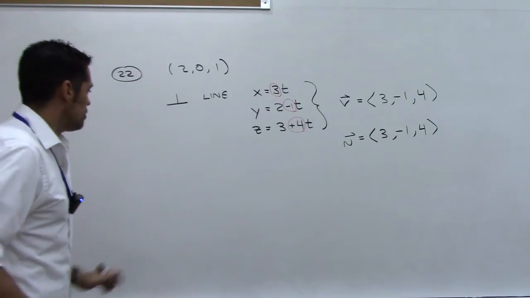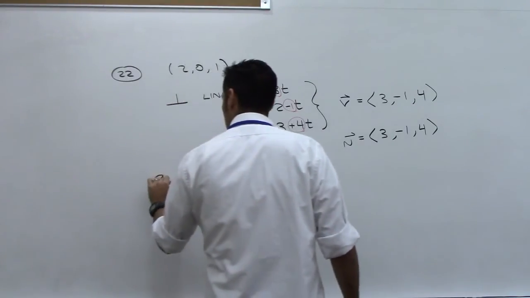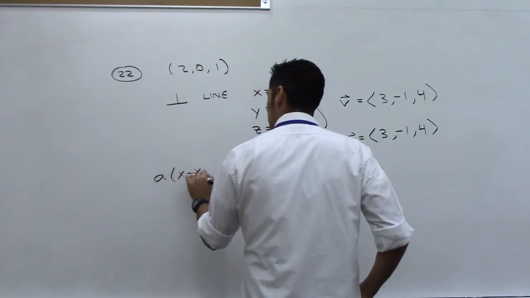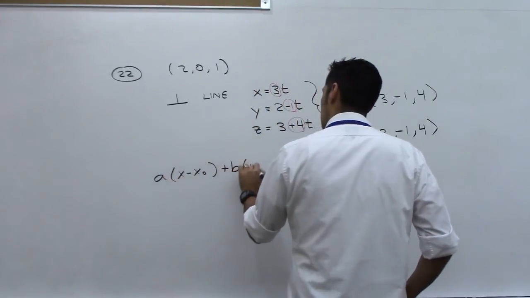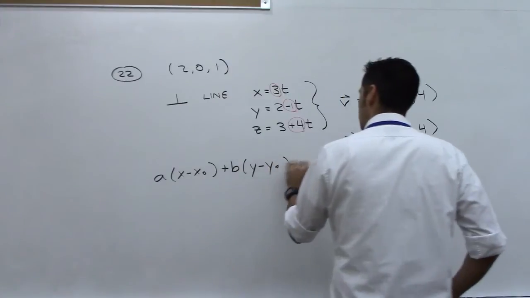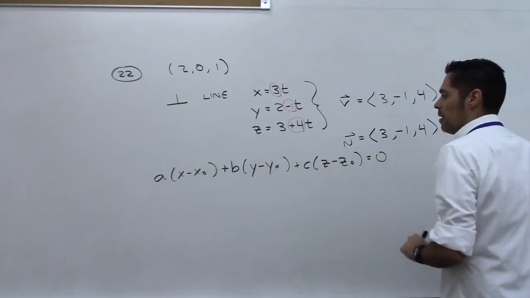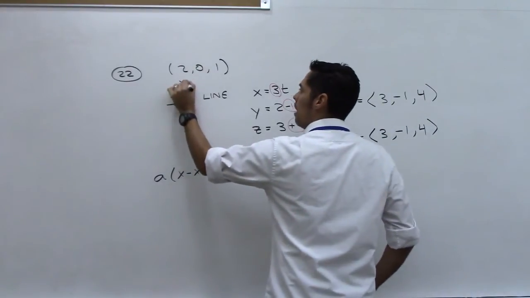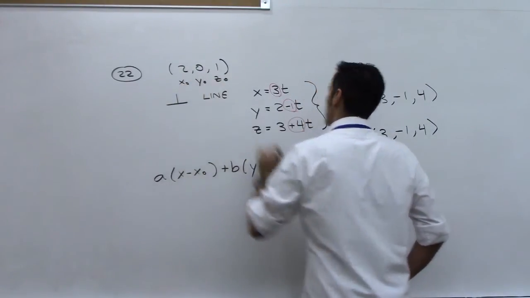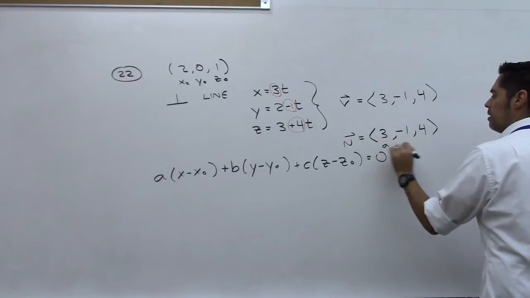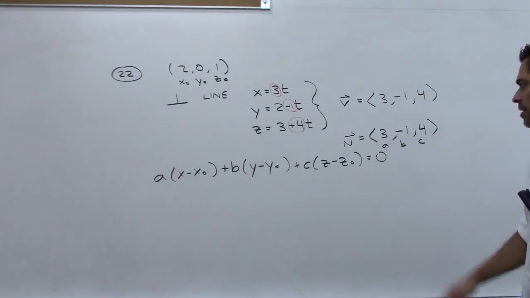So at this point, I just go straight to the formula. a times (x minus x naught) plus b times (y minus y naught) plus c times (z minus z naught) equals 0. Here's my x naught, y naught, z naught. And this direction vector is my normal vector, so that's a, b, c.